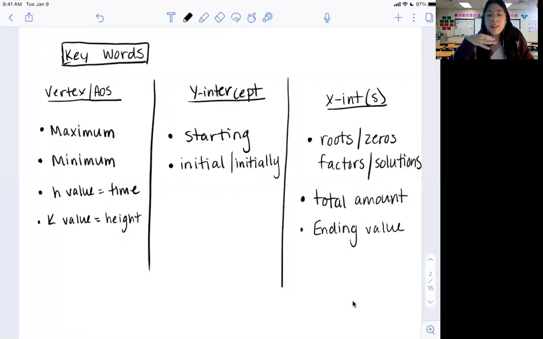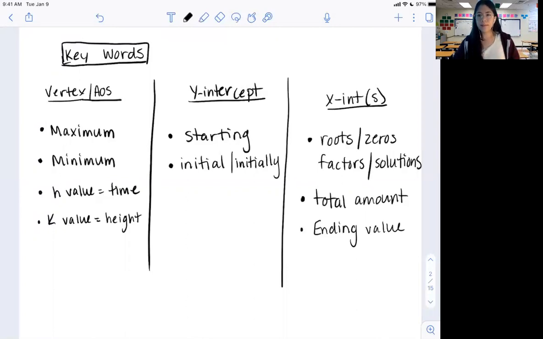If the question is like they throw a ball or they shoot something out of a cannon or they're diving off of a diving board, all of those situations where they're measuring the height of something and how long it takes, if you're talking about time and height, h is going to be time and k is going to be height. So that's another good thing to keep an eye out for.